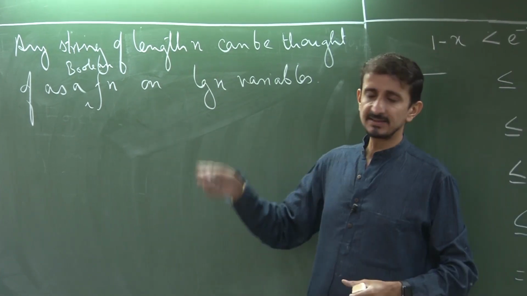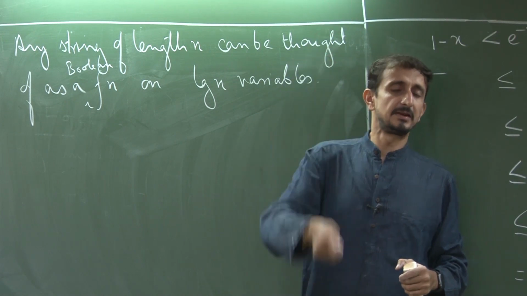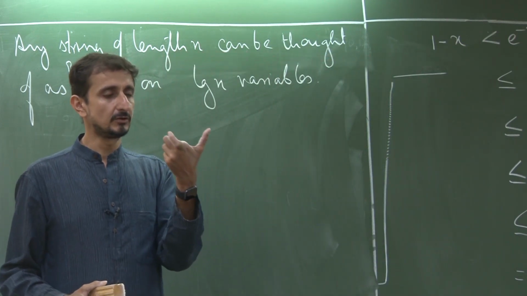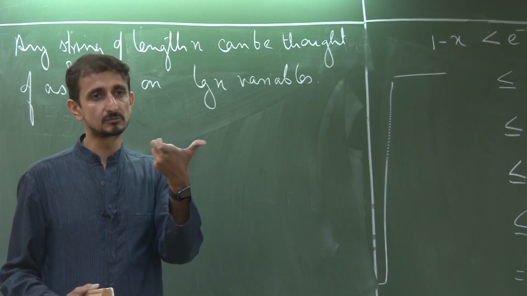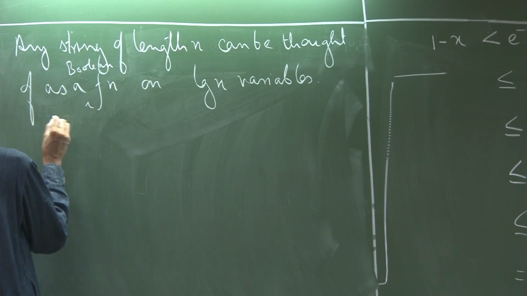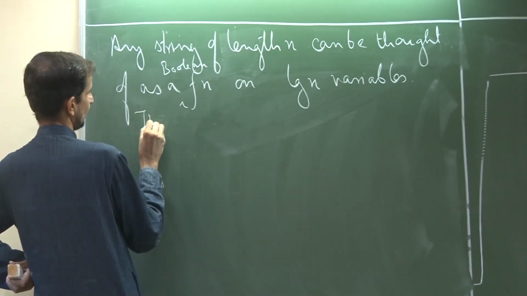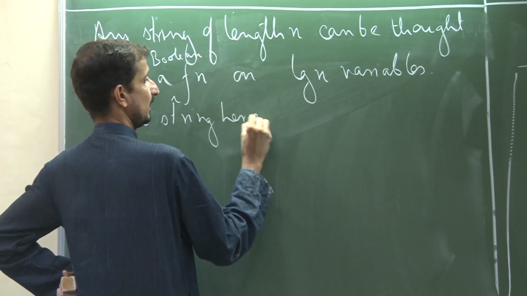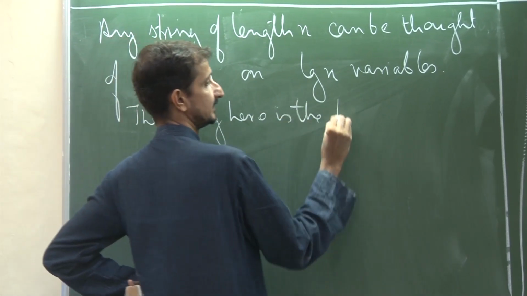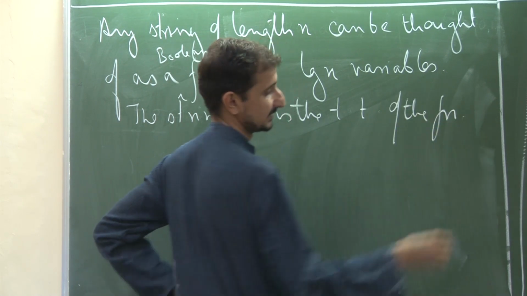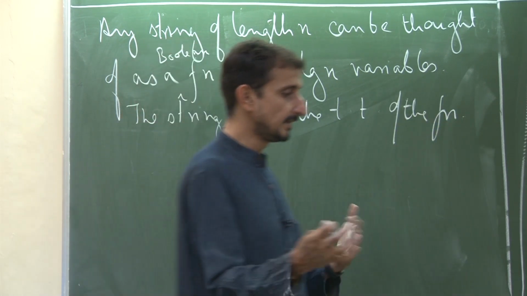So, this string represents what the output of that function is for each choice of those log n many variables. The string here is the truth table of the function. So, this is an equivalent way of looking at it.